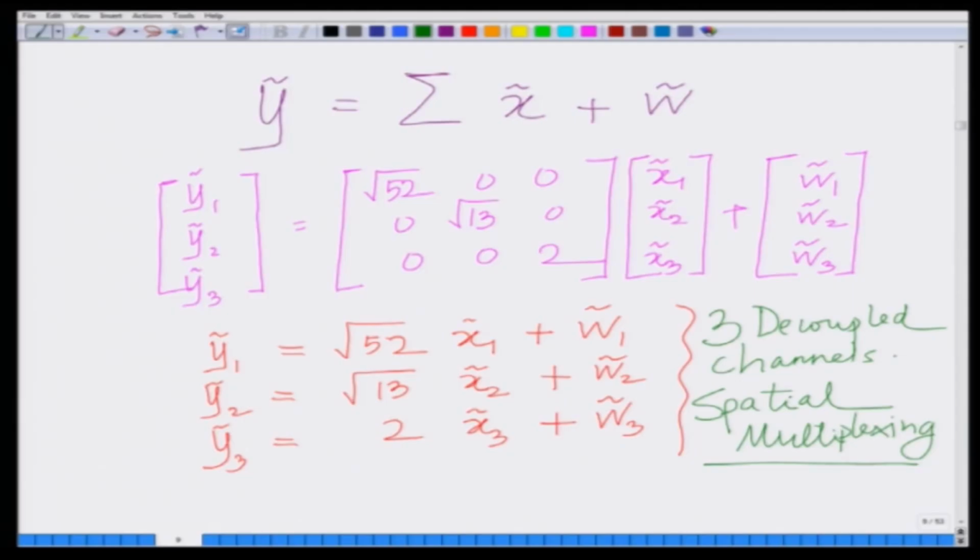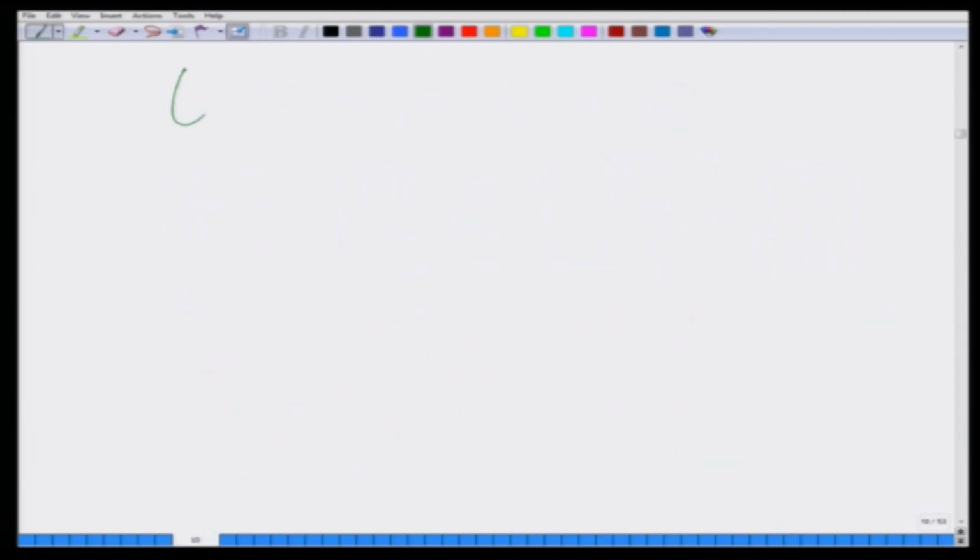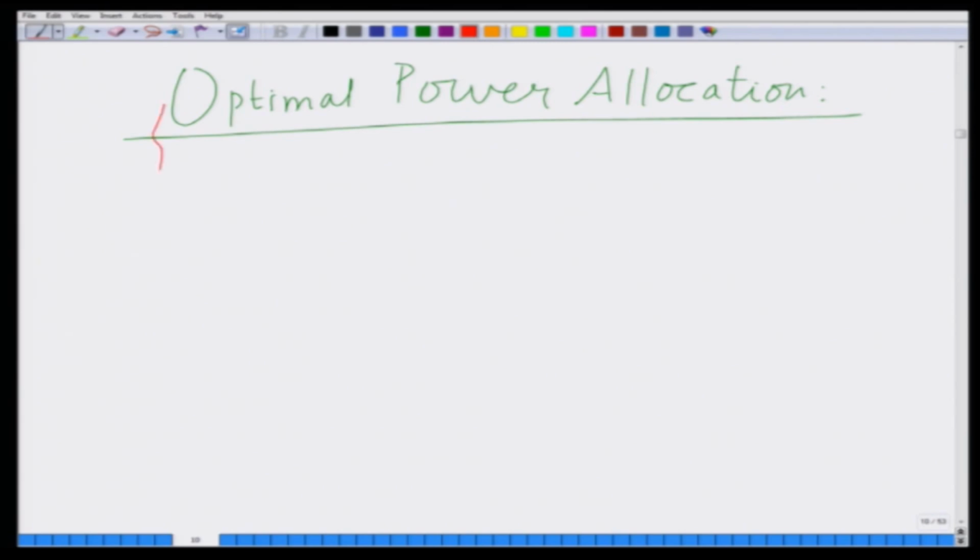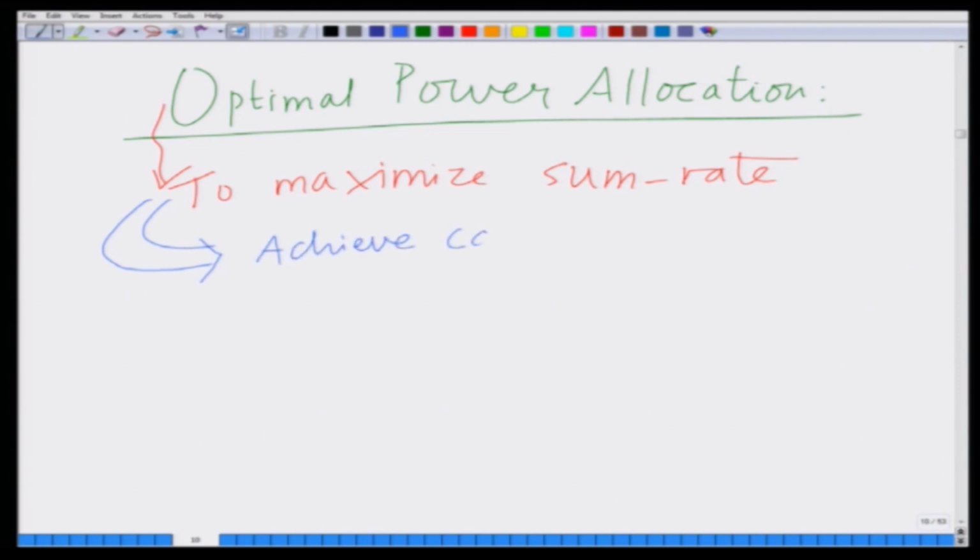Okay. Now, let us look at optimal power allocation. If the transmit power is P, optimal power allocation to maximize the sum rate, which implies achieving the Shannon capacity.